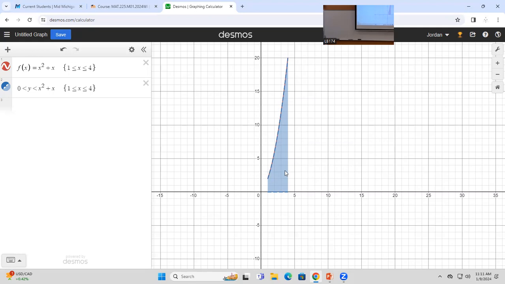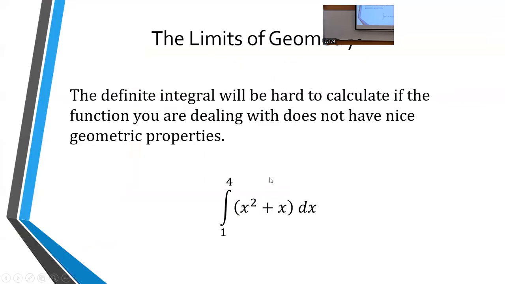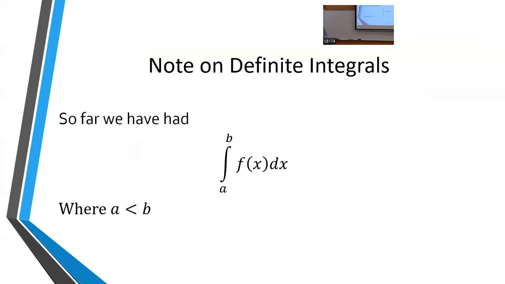If we don't have nice straight lines, and the curvature changes as you move along this, then we're going to have a harder time. And that's where we apply the tools of integration along with this definite integral.